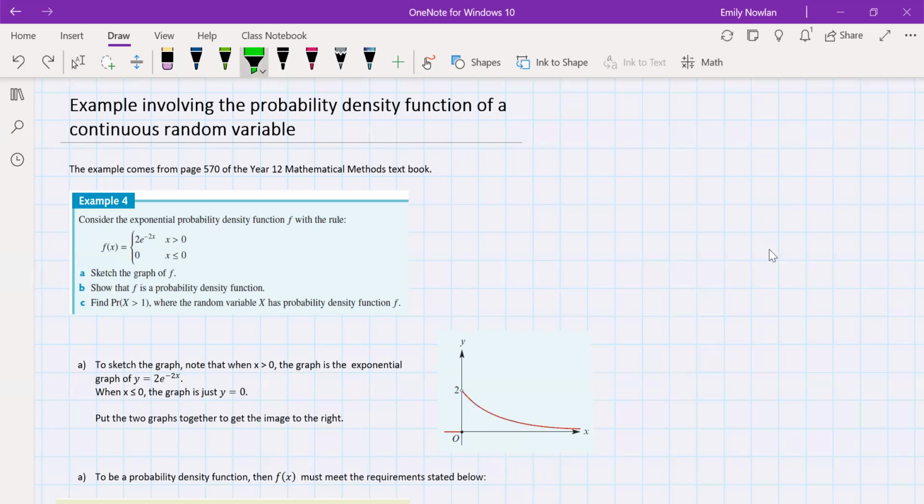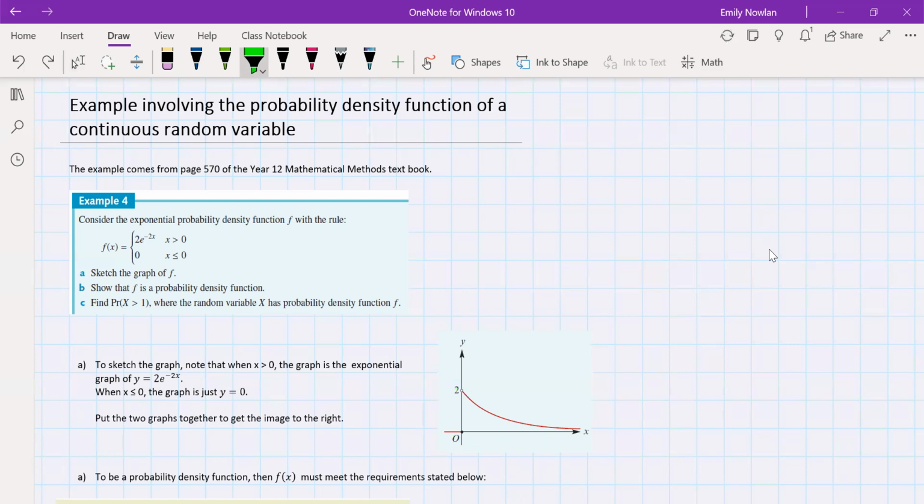So what happens when x is less than 0? y just equals 0. All the way across here, because that's where x is less than or equal to 0, we just have the line y equals 0. Now, there's one extra little bit to notice here: these open dots and closed dots.